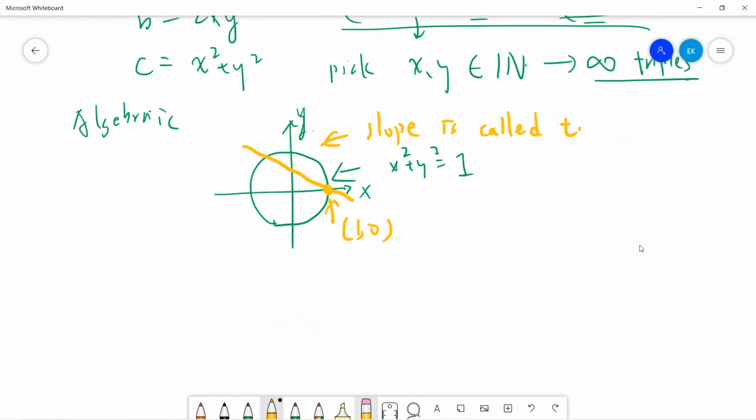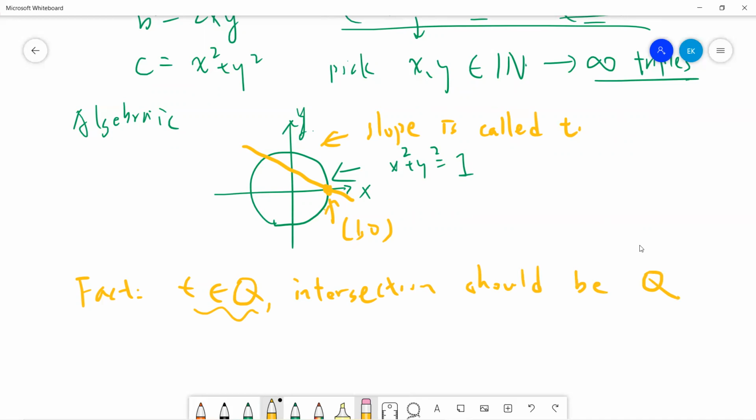The key idea is that if t is rational, then the intersection should be rational. So you can produce any rational point on this circle, except for 1, 0, by t, because when you connect two rational points, the slope will be rational.